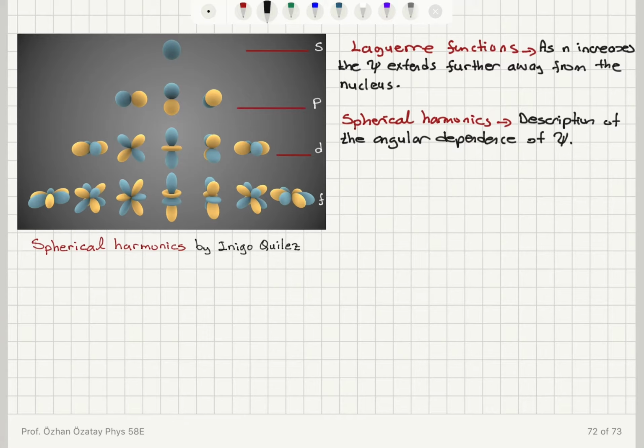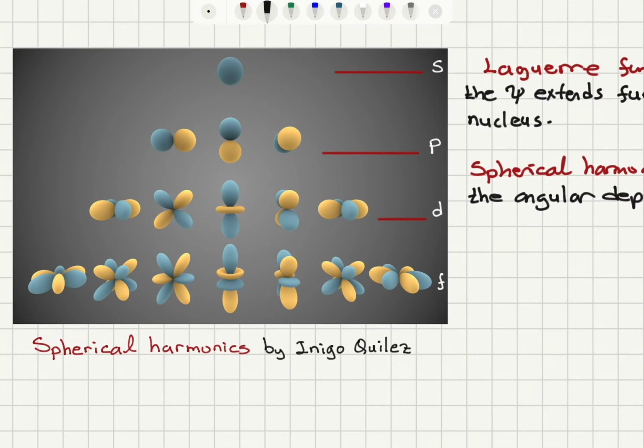Now here you can see a drawing of spherical harmonics by Inigo Quilez, and these are s orbitals, p orbitals, d orbitals, and f orbitals. And so this is a nice visualization of how the spherical harmonics work. So this gives you a distribution, or it gives you the region in which the electron is expected to be in these orbitals.